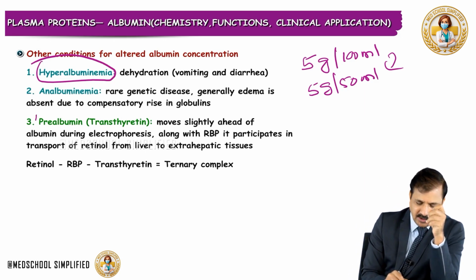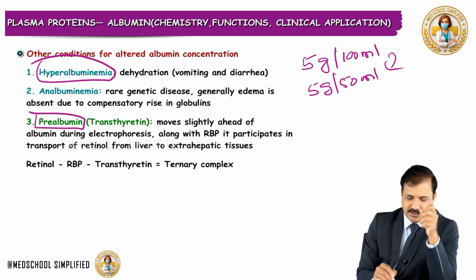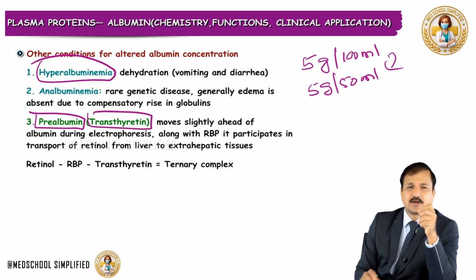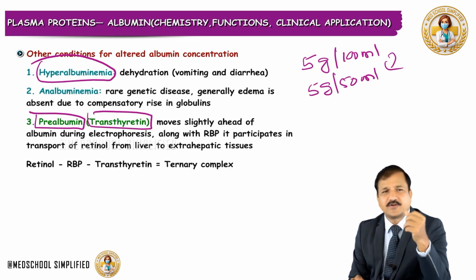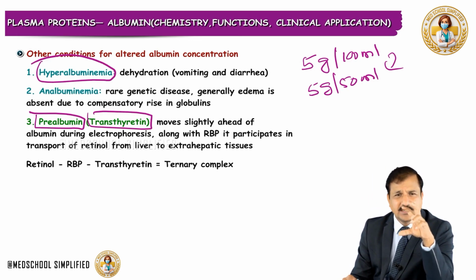Coming to something called prealbumin, which is also referred to as transthyretin. In fact, transthyretin is referred to as prealbumin because in electrophoresis, transthyretin comes before albumin. That's why it is called prealbumin.